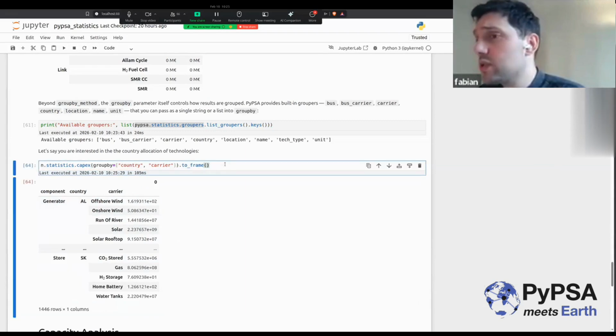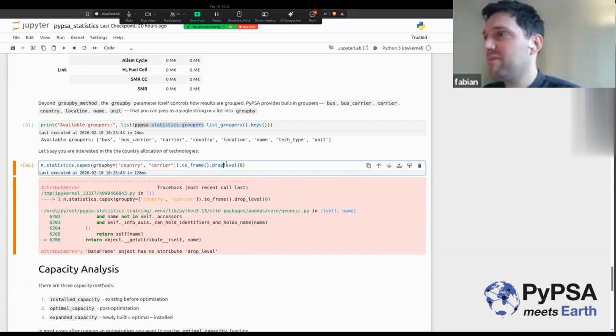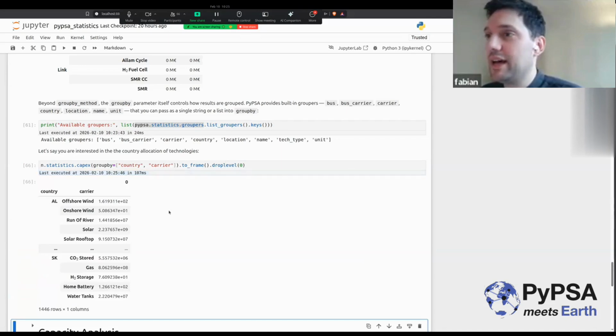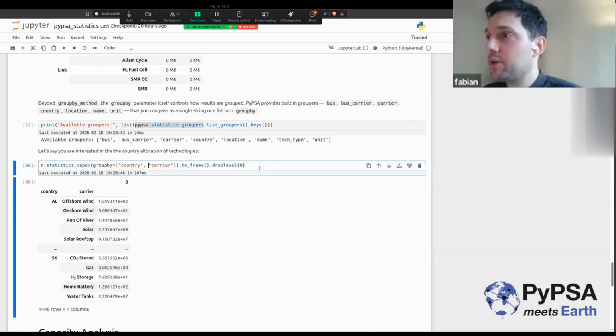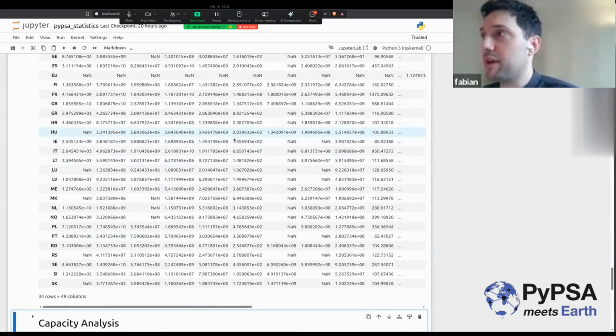I guess we could do something like dropping levels. Now you can play around with this. We can probably drop, is there underscore drop levels? I'm not sure. Is that working? Probably drop level. Yeah, like this, without an underscore. And then we could probably even unstack it, right? So instead of a series, we make a pandas data frame out of it.